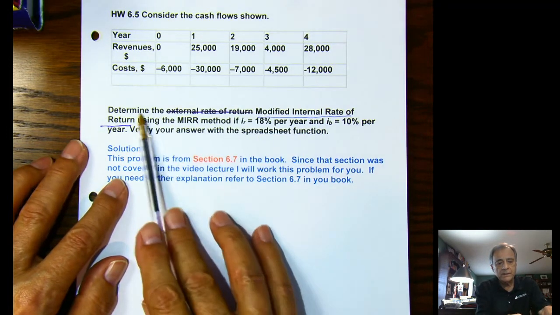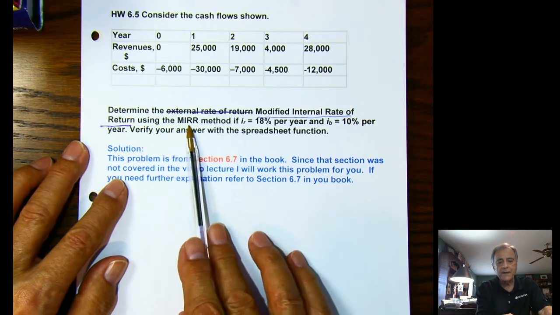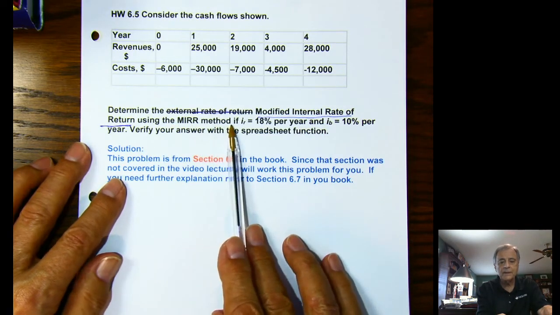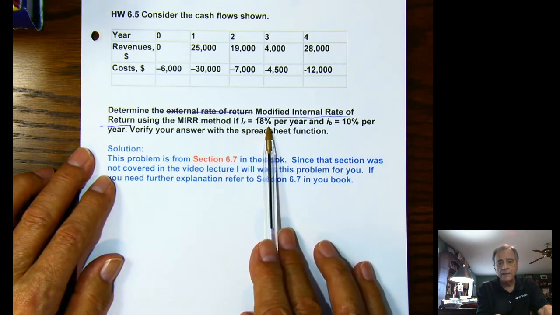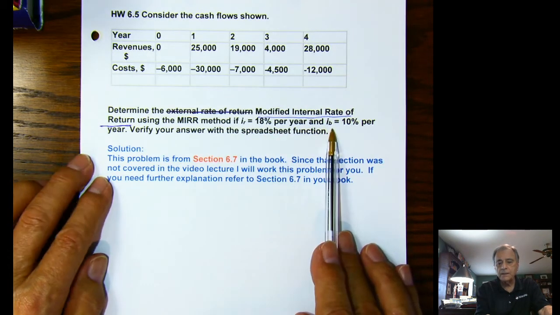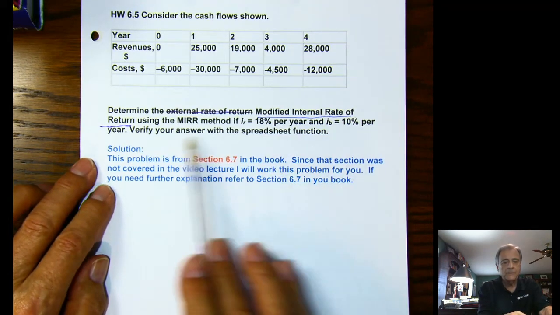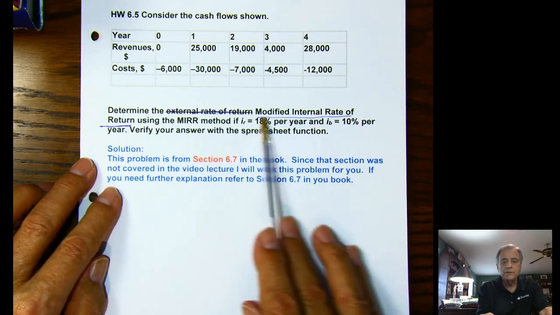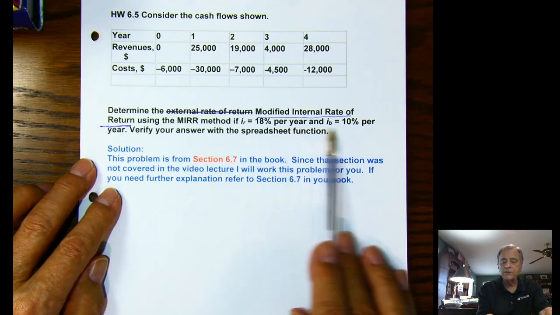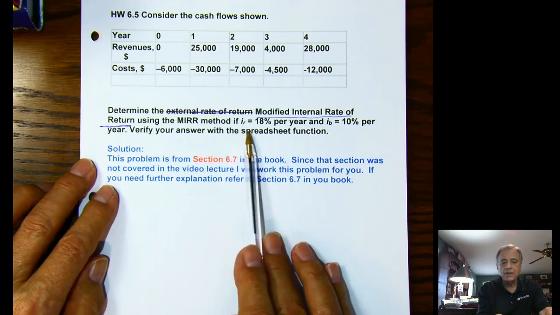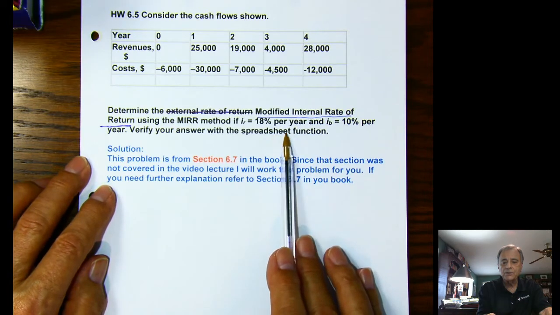So he said determine the external rate of return using the modified internal rate of return method, where the reinvestment rate, I sub R, is 18%, and the borrowing rate, I sub B, is 10%. So if you're using this MIR method, you're going to need two rates given to you, and you're going to solve for something called a modified internal rate of return.